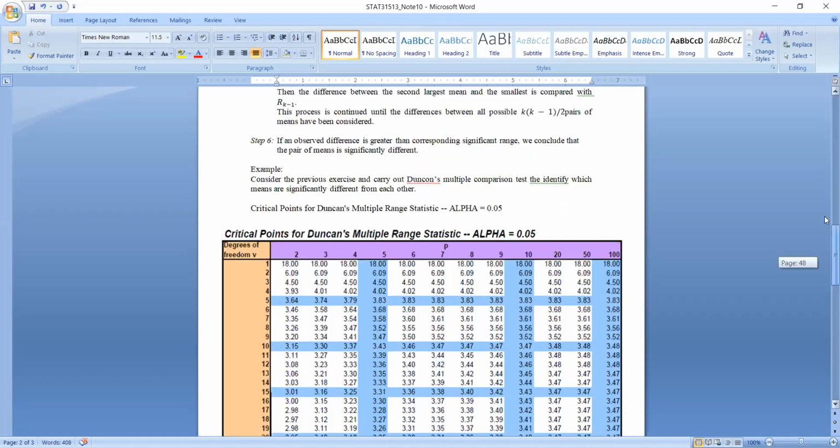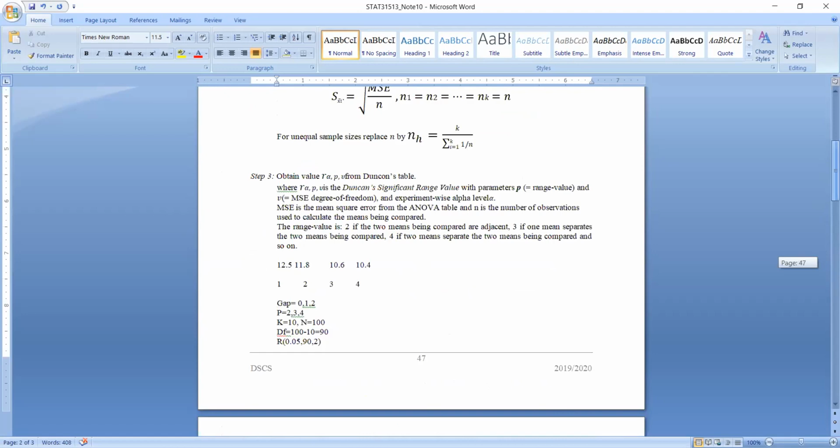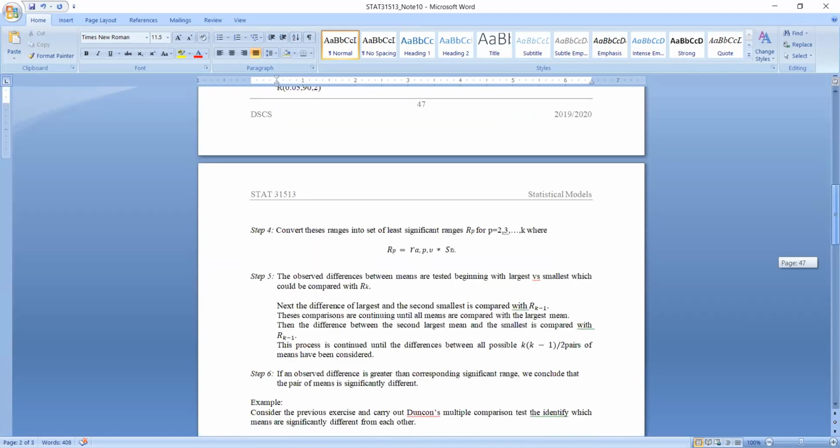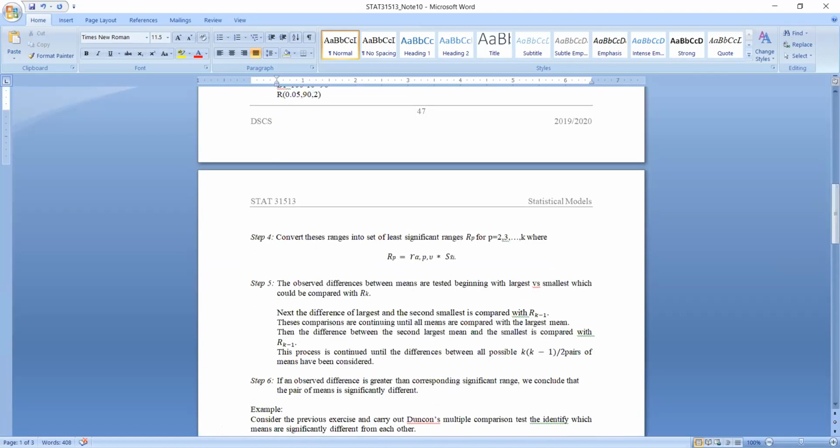So then you read this value from the Duncan's table. Then what you have to do is, after reading this value, you have to calculate the least significant ranges. We denote this by RP. This least significant range is the value that we are going to compare our mean differences against. So you have to calculate this RP value.